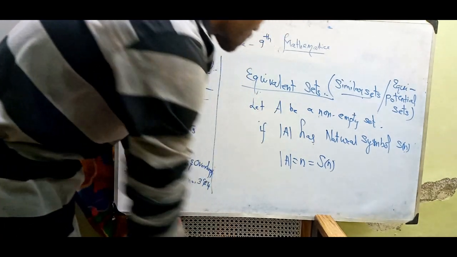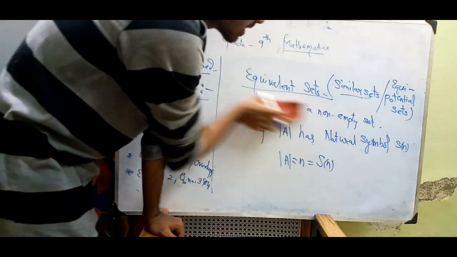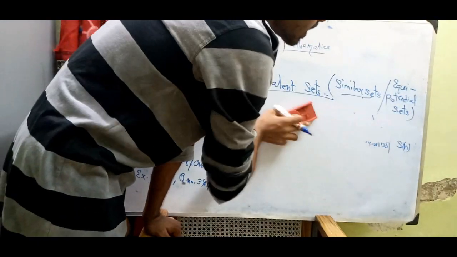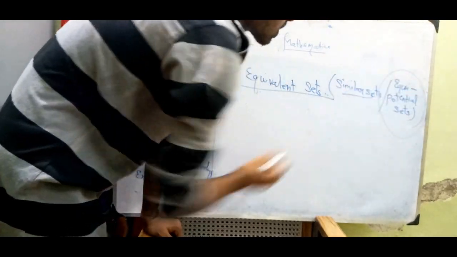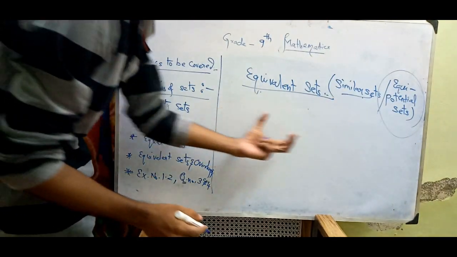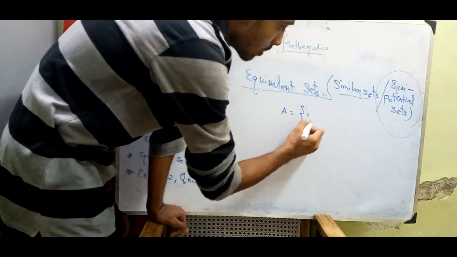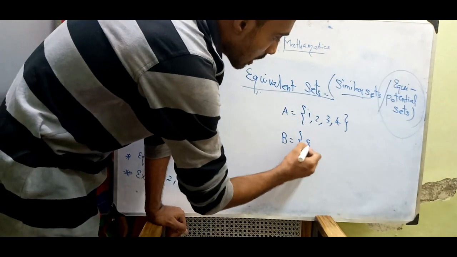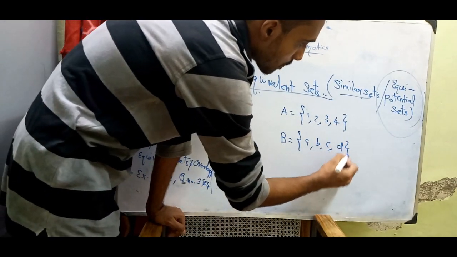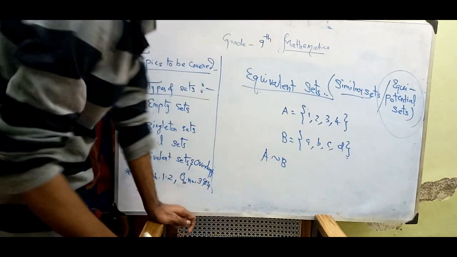In this way we can also say, through cardinality we can say. The other way is, we say in this form, equipotential set, there should be some potential. For example, if A has a set 1, 2, 3, 4 and B has a set A, B, C, D, so can we say A and B has the same potential?